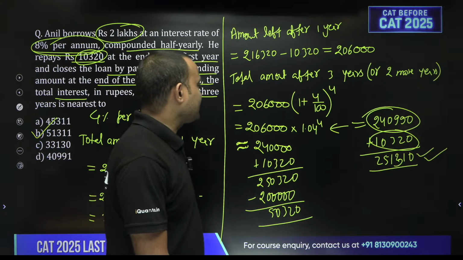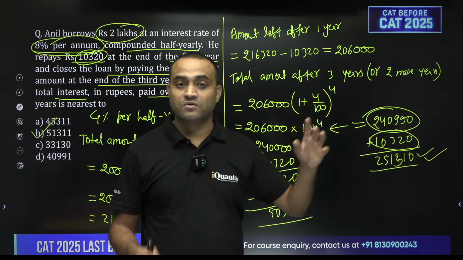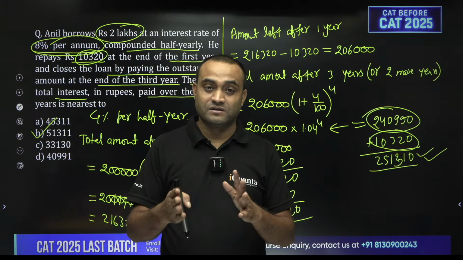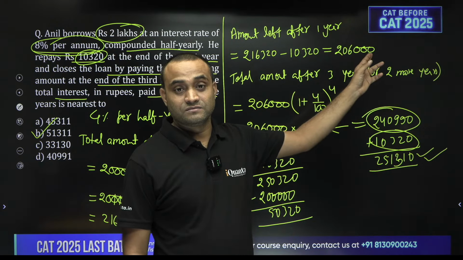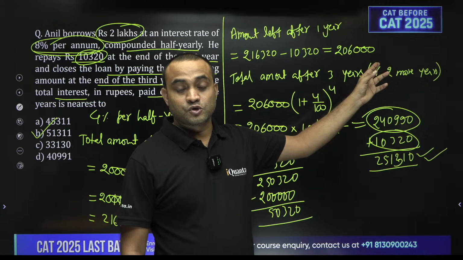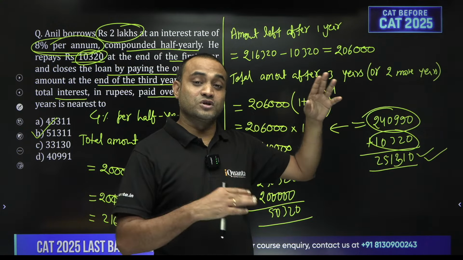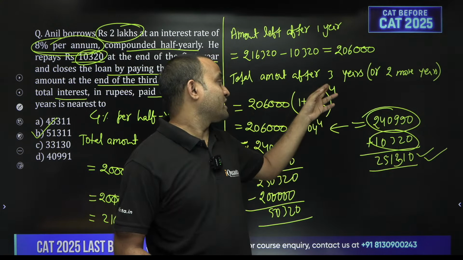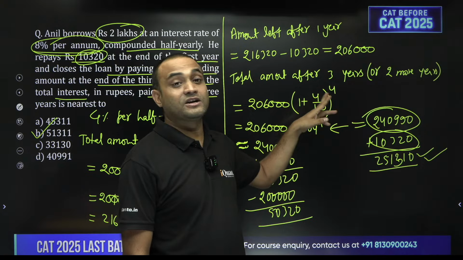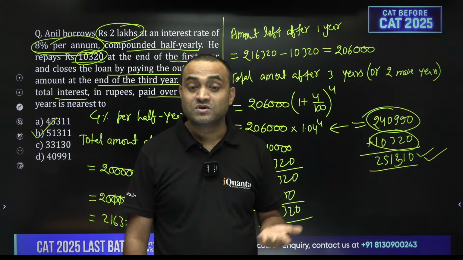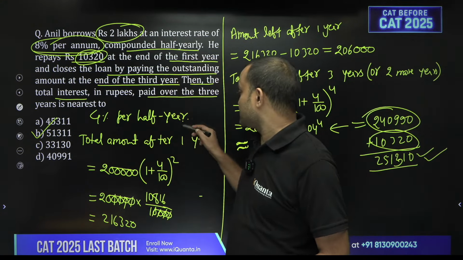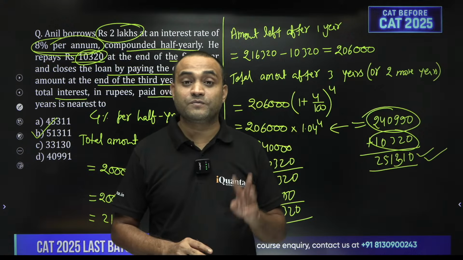For the second case, no, because we have already taken 1 year after. This amount is after 1 year. So total 3 years. Total 3 years. So we will have to take 2 years. And rate of interest is 8% per annum. Half yearly, it will be 4%. And in 2 years, there will be 4 half years.